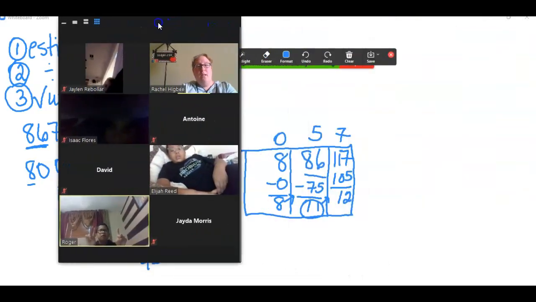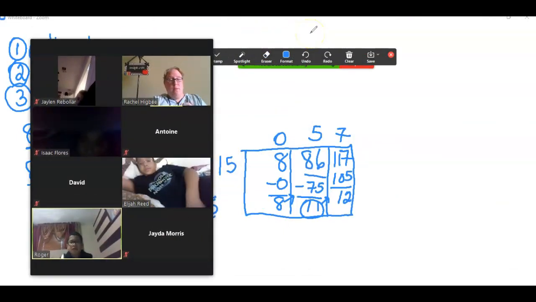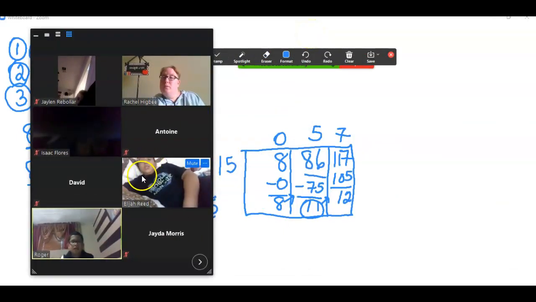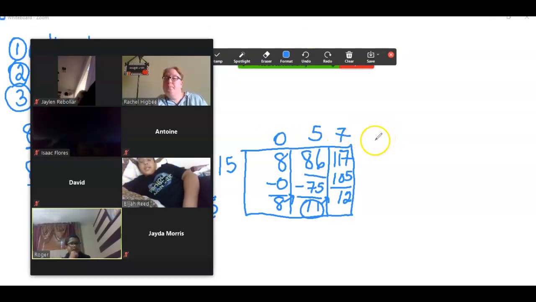Now, is it okay to have 12 as a remainder? What do you think? Why? Okay, so think of it this way. How many do you have to have in a bag?